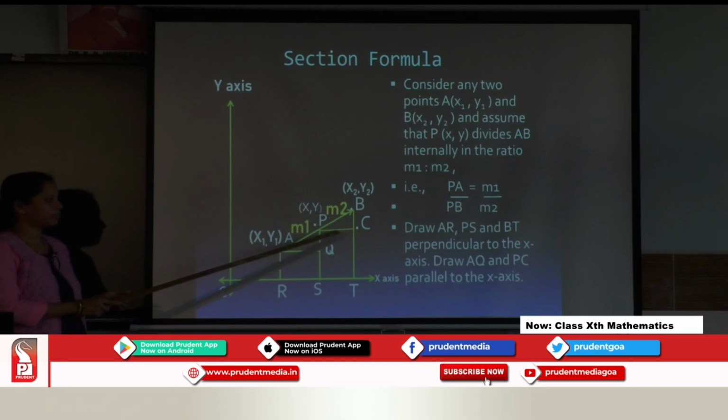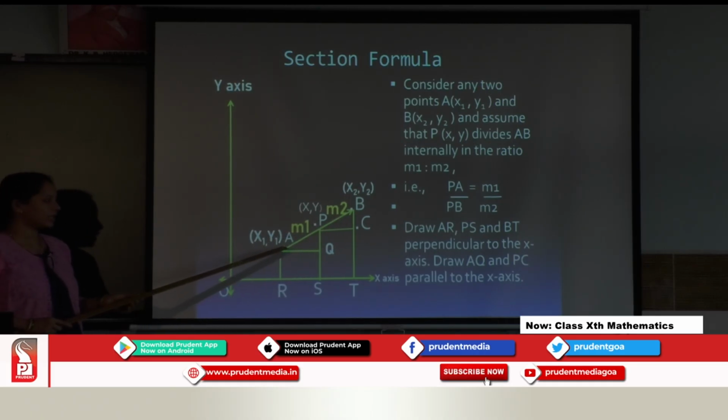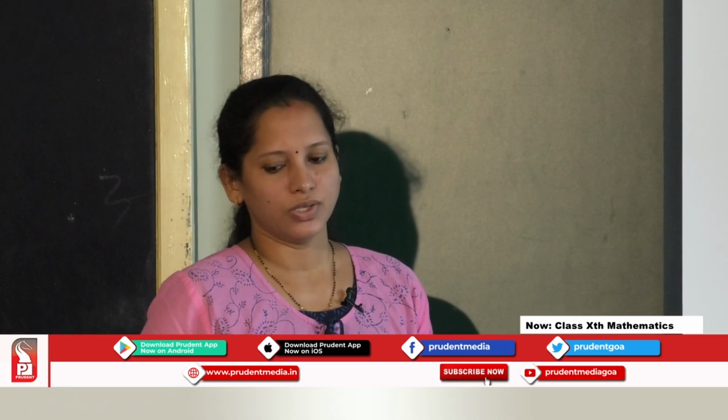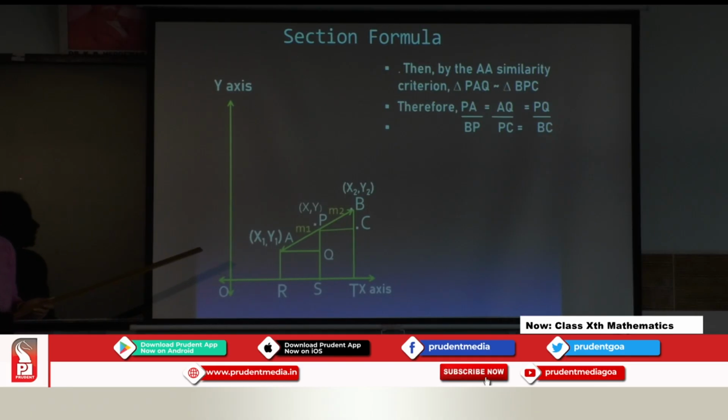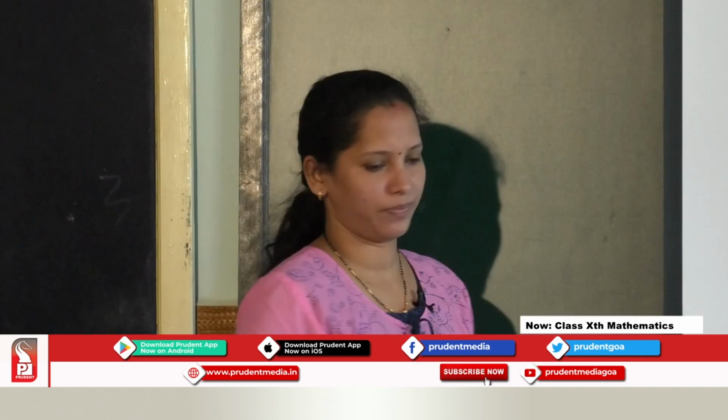So again we have to use that same property, that ratio of the corresponding sides of the similar triangles are equal. So then by AA similarity criterion, triangle PAQ is similar to triangle BPC. Therefore, PA upon BP is equal to AQ upon PC, which is equal to PQ upon BC.